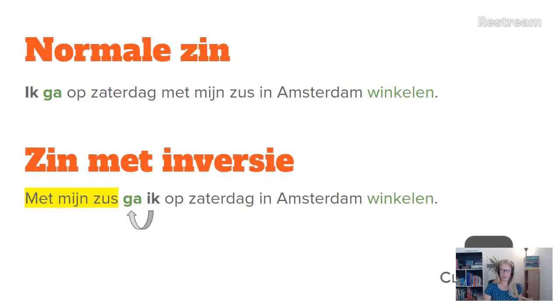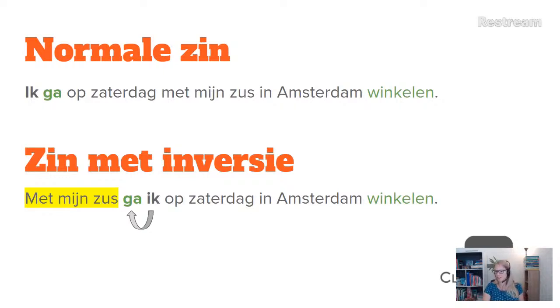So you say something, but you can also make a question, of course. A question either starts with a question word like waar, hoe, wat, waarom, etc., or you can start a question immediately with the verb. And in questions, you also always have inversion. So this is one other case in which you also use inversion.